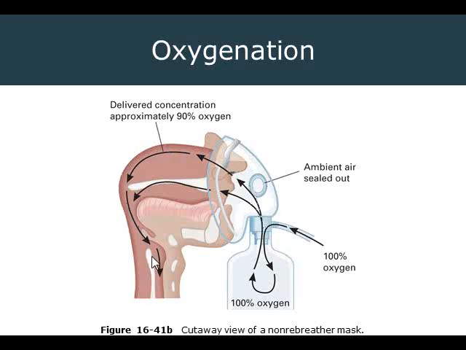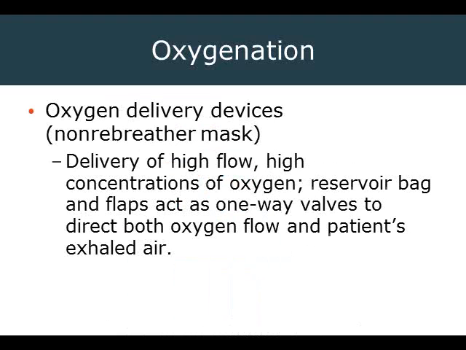When they exhale, it blows the flap at the top of the reservoir closed and opens the flaps on the side of the mask, allowing the breath to be exhaled and removed. So that delivers high flow oxygen through the reservoir bag and the flaps.